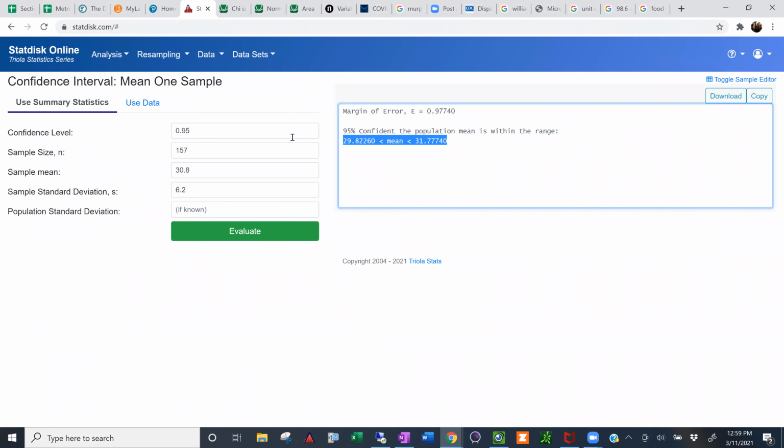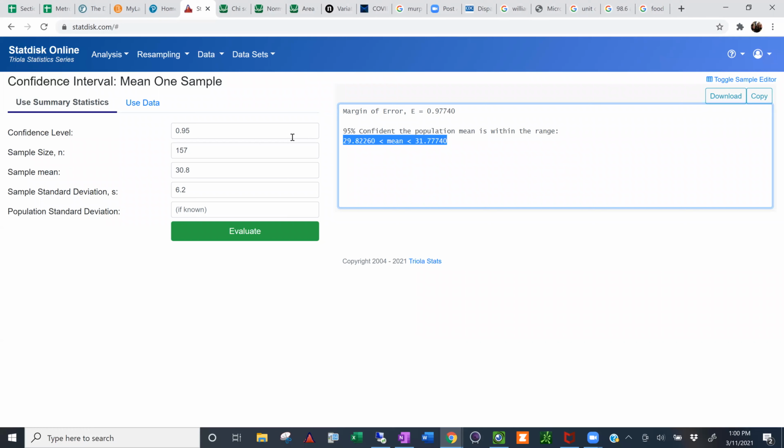So we've got 29.8 is less than mu is less than 31.8. Yay! There's your confidence interval. How's that one looking?